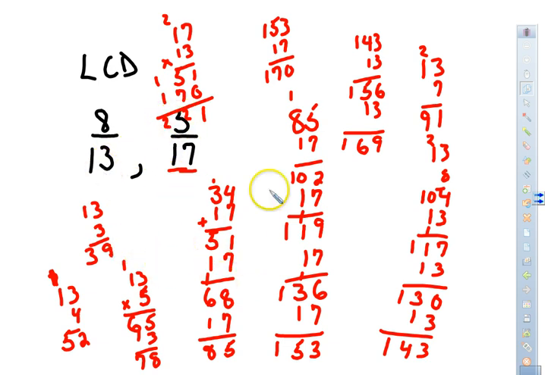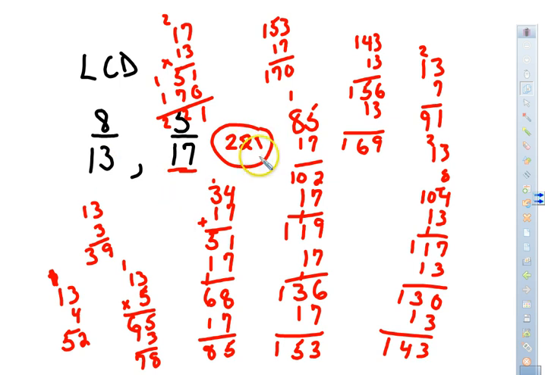So once you get to a certain point, if it just does not want to end, and there was one problem on the quiz like this, a few of you went on and on and on and tried listing them all out. If you get to a certain point, like we got to, you say, you know what, let's find out. 221 is the two of these numbers multiplied together.